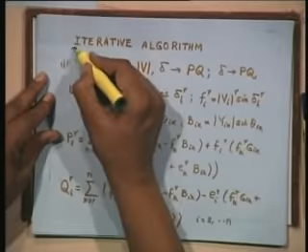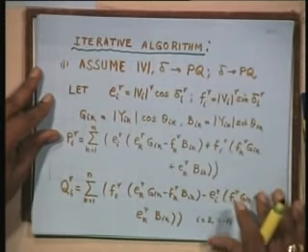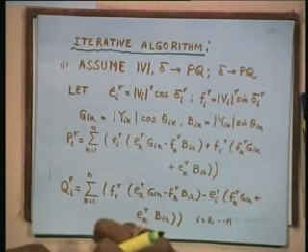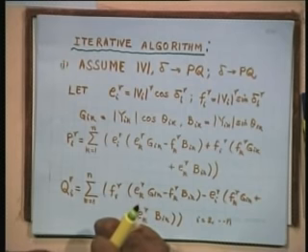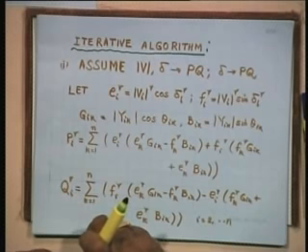Now, we come to the iterative algorithm. Assume V and delta. Since you are solving a power system problem, you know jolly well that voltages in power system have got to be close to 1 per unit. 0.95 per unit to 1.05 per unit. That is the range in which voltage should vary.